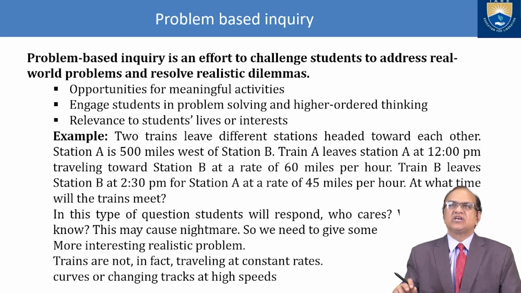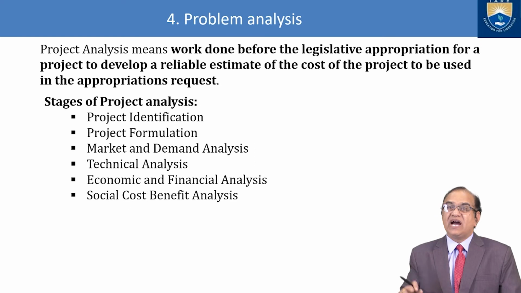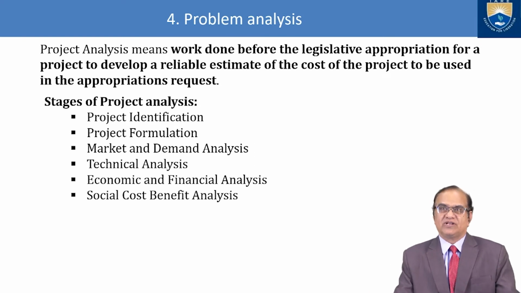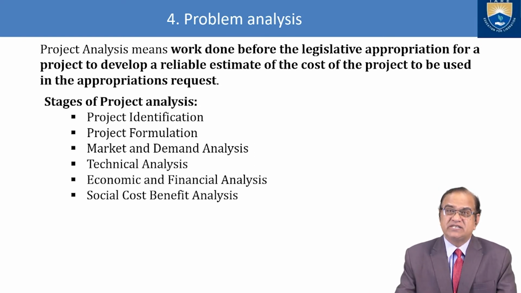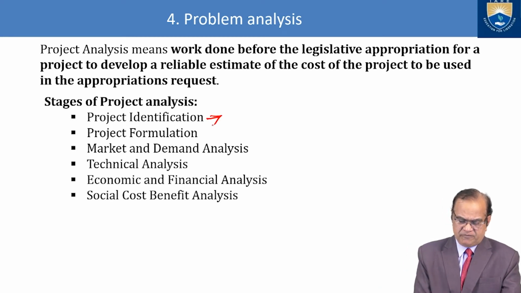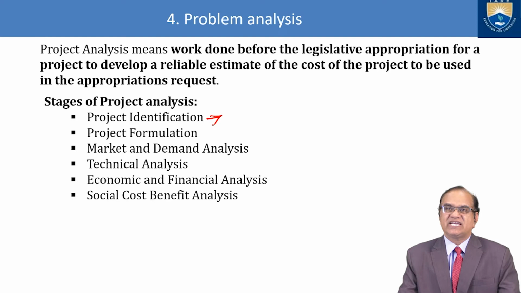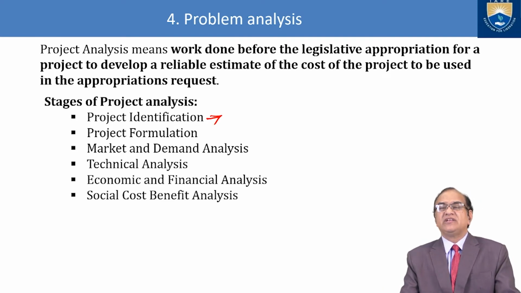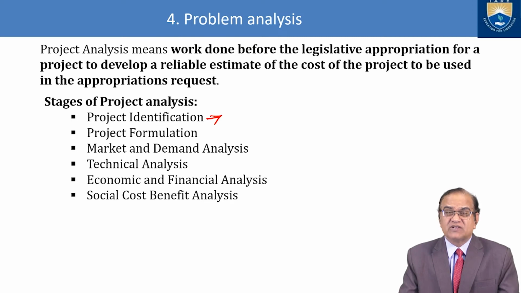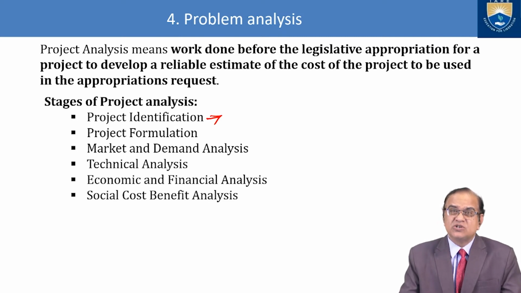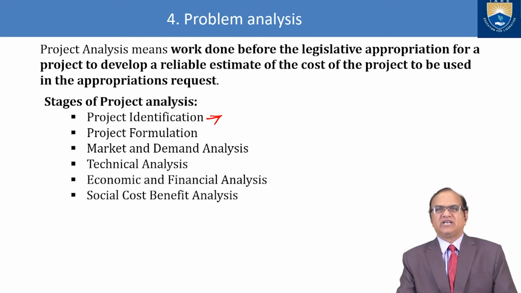So these things you have to understand each and every one. So this is the analysis part. So in this stage, the first one is project identification. So we have to identify that what type of project we want to do, or what is it is useful, and all the issues, problems, its element, all the things we have to identify.